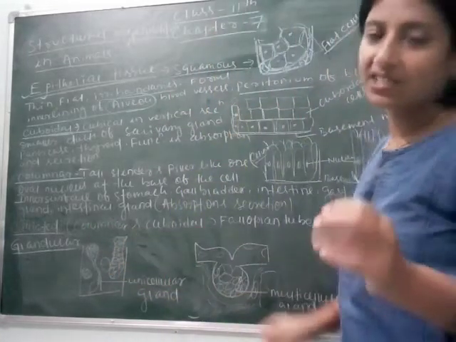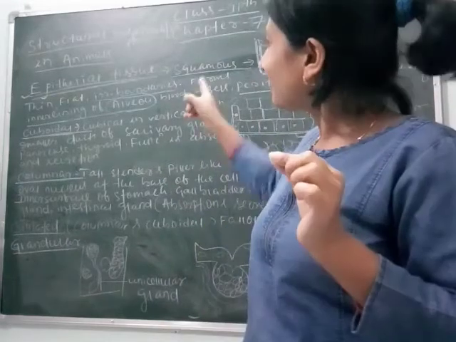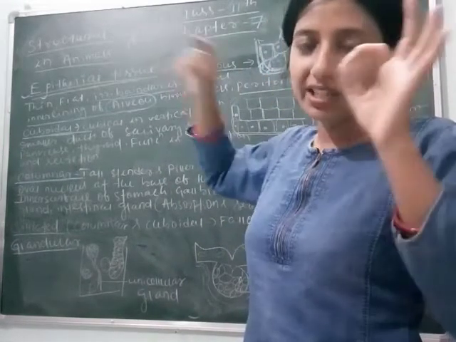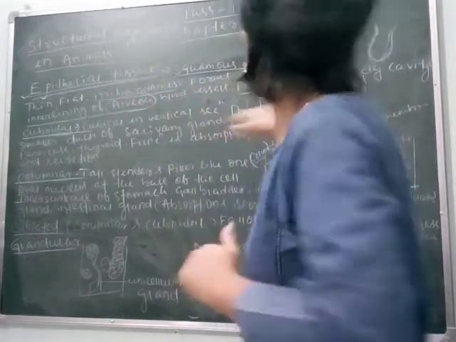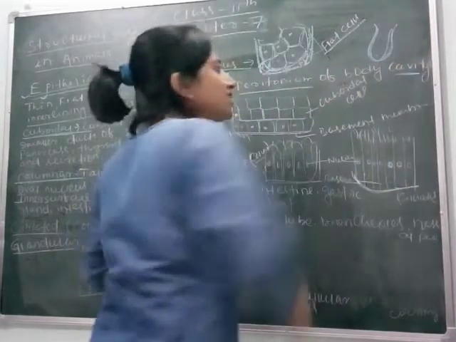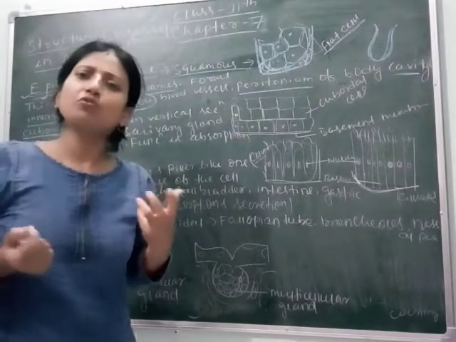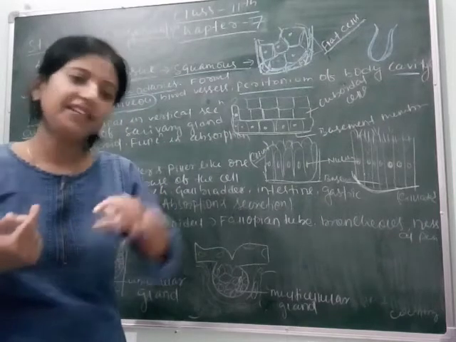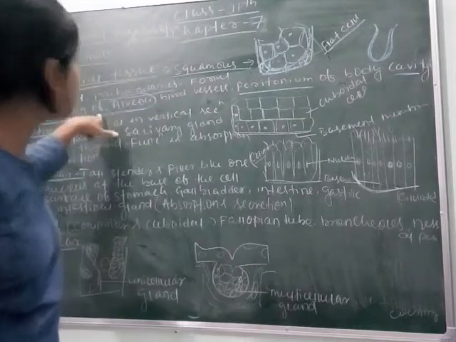Then blood vessels, as we know, are very thin. As the tissue is single layered, the thin blood vessels are also made up of squamous epithelial tissue. Next is the peritoneum of body cavity. As we are true coelomic animals, the internal layer of our body cavity is made up of squamous epithelial tissue.